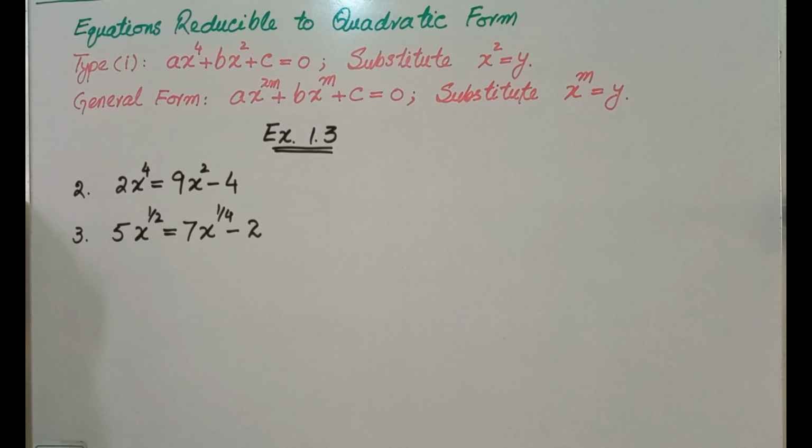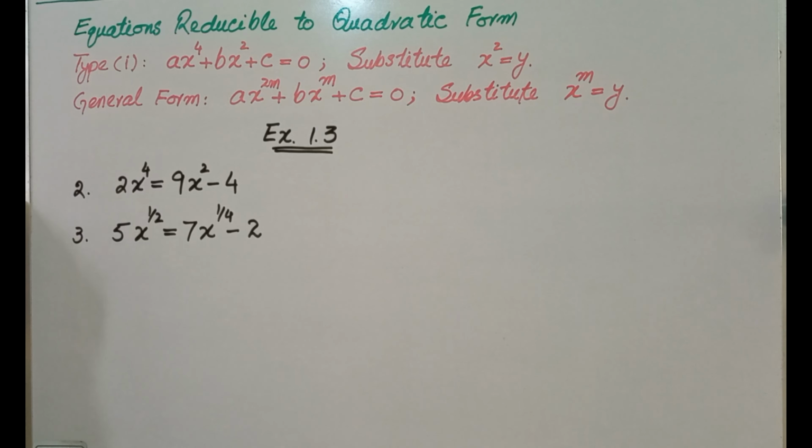If we generalize the case, the power of this x is half of the power of this x. So in the general form, we write this equation as ax power 2m, and its half is m, bx power m plus c is equal to 0. In this case, we'll substitute x power m is equal to y and then we'll solve the given equation.